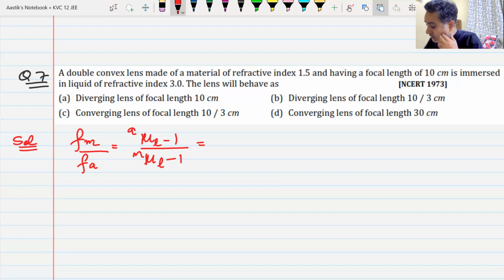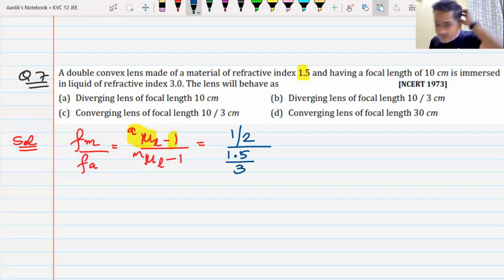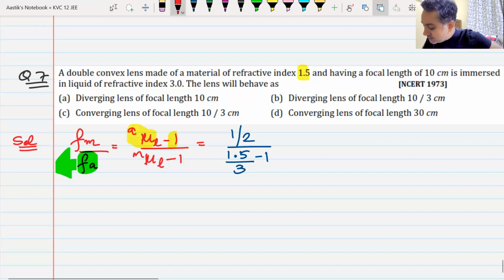Now let us find out the focal length. Let us solve this. Refractive index of the lens with respect to air is 1.5. 1.5 minus 1 is going to be half, so let me write it as half straight away. Let's not waste time on that. The refractive index of the lens with respect to the medium will be the refractive index of the lens, which is 1.5, divided by the refractive index of the medium, which is 3. Yes or no? Yes, sir. Minus 1. And remember, the focal length in air is given as plus 10.